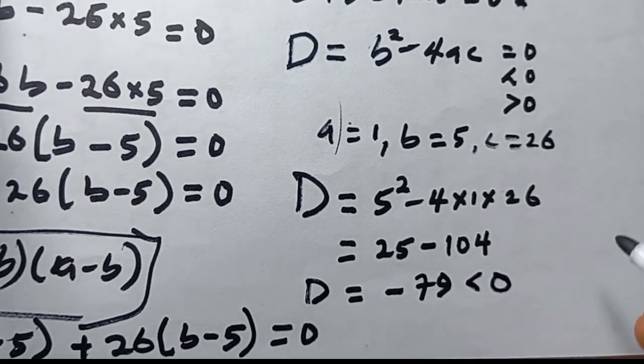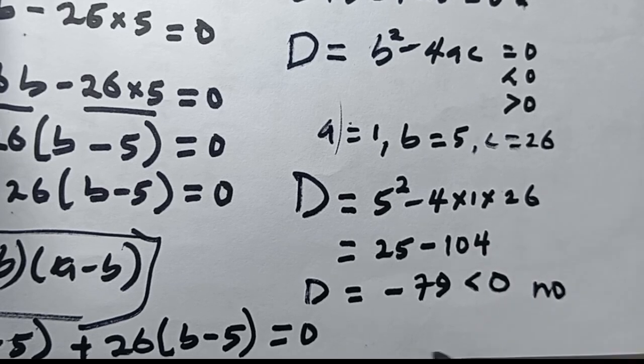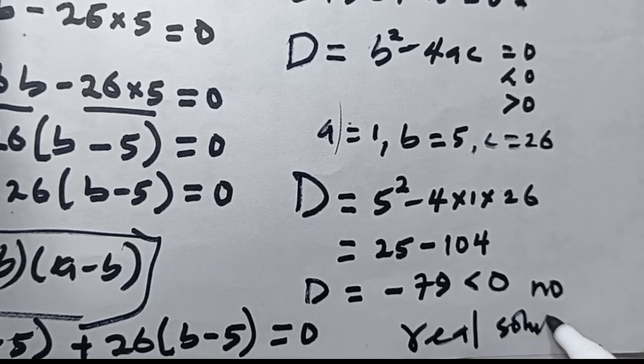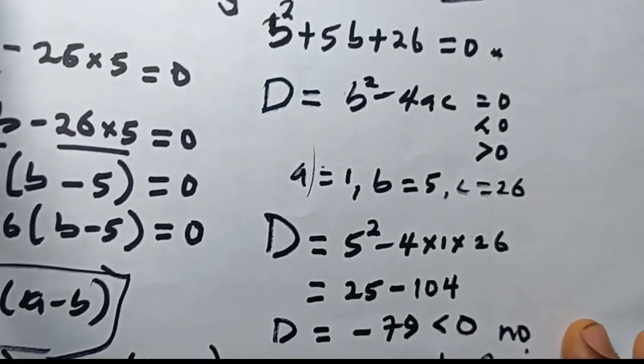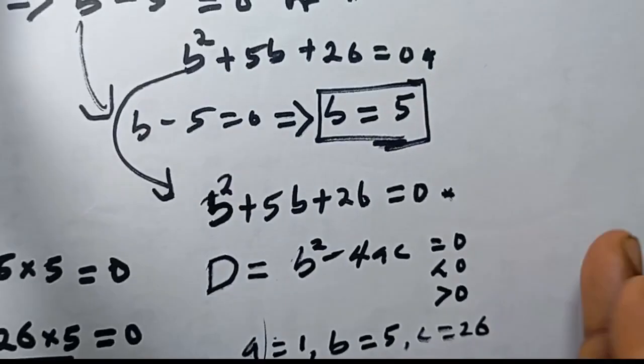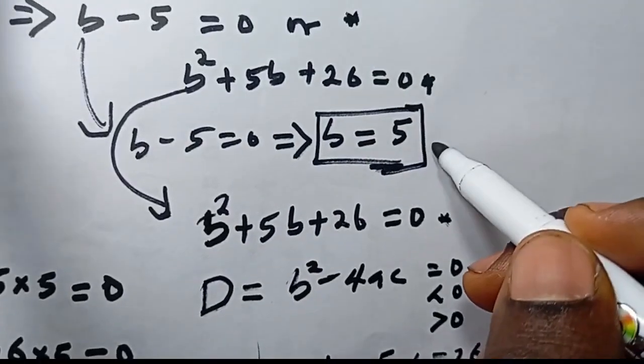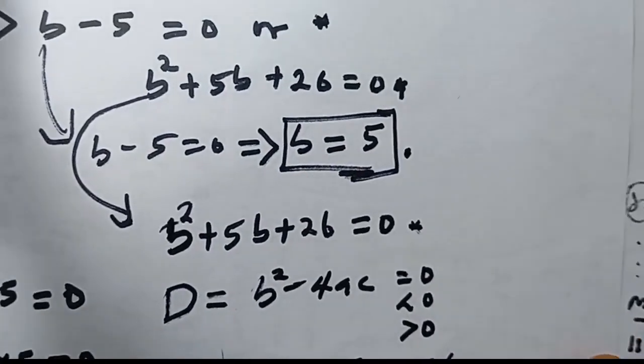And because it's less than 0, we can say that there is no real solution. Okay, and then since it doesn't have any real solution, we can just go with this solution we've got over here.